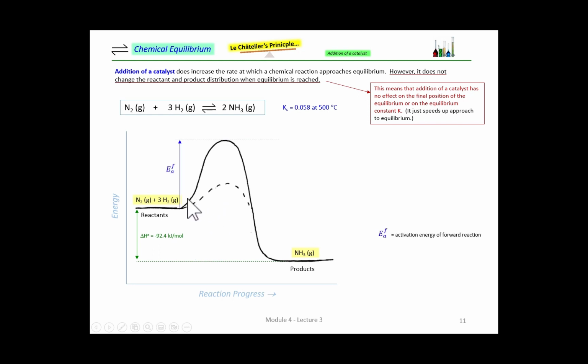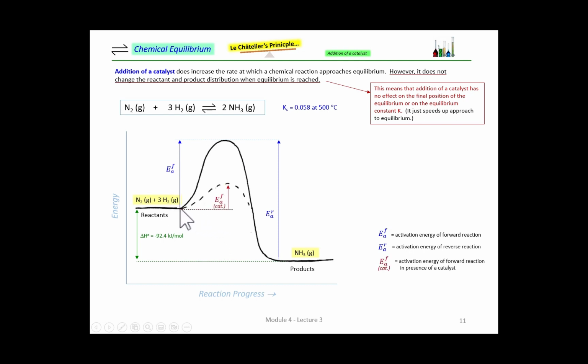What I've marked here is the activation energy for the forward reaction when no catalyst is present. So nitrogen and hydrogen have to get over this activation barrier to make ammonia. If we looked at the reverse reaction, again, not in the presence of a catalyst, the reverse reaction would have this activation energy to go backwards to reactants.